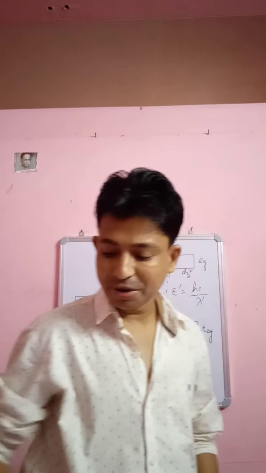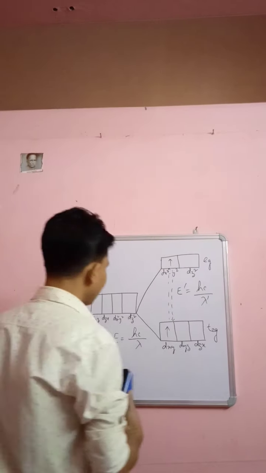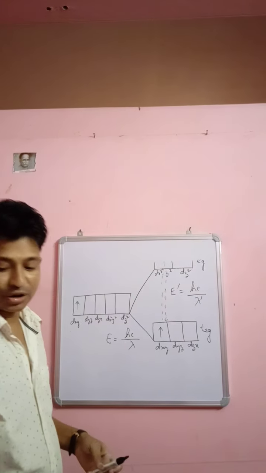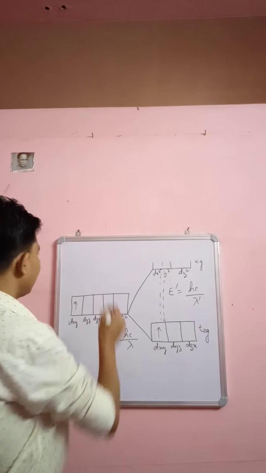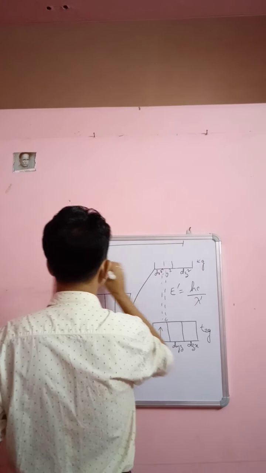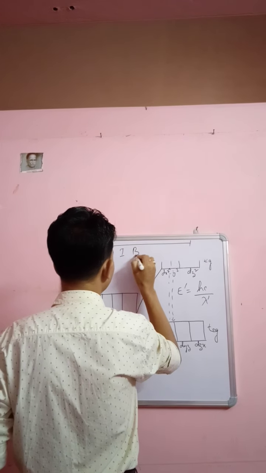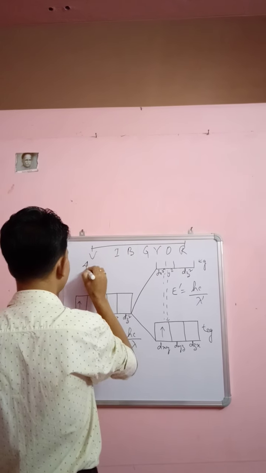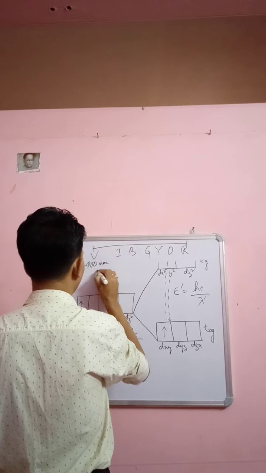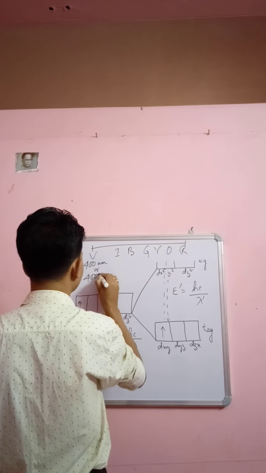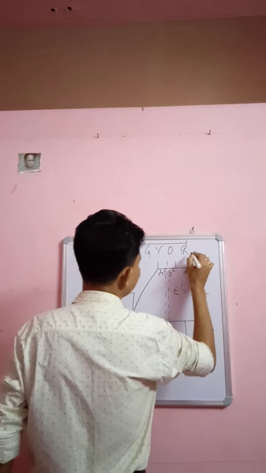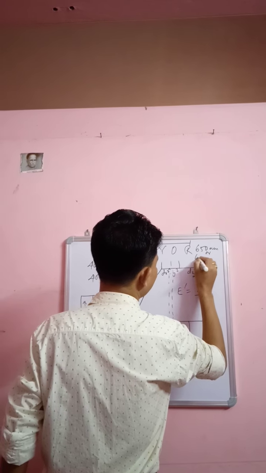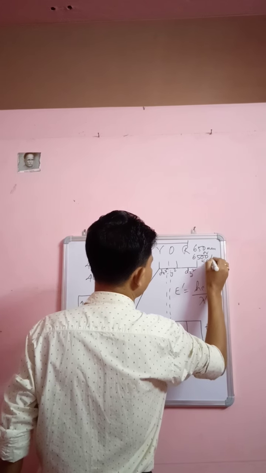Now this visible region of light comes in the range VIBGYOR, that is violet, indigo, blue, green, yellow, orange, red, and it starts from 400 nanometer or 4000 angstrom to 650 nanometer or 6500 angstrom.